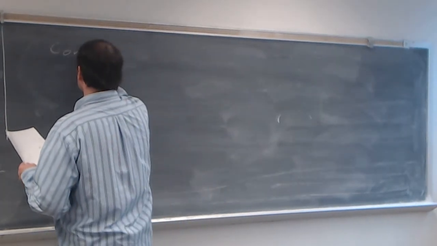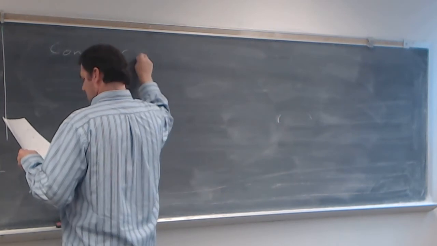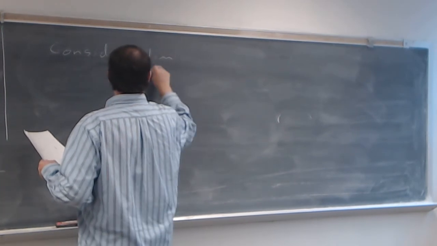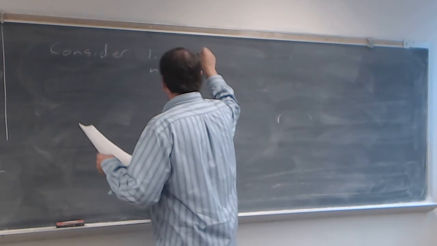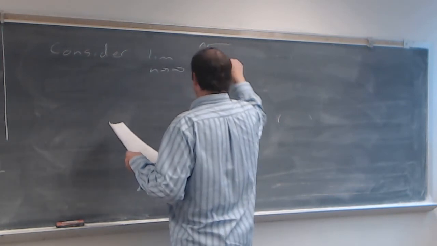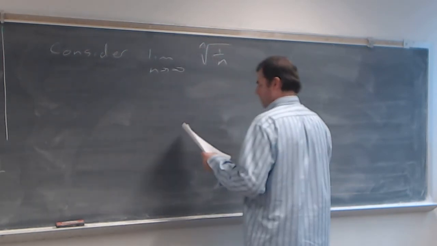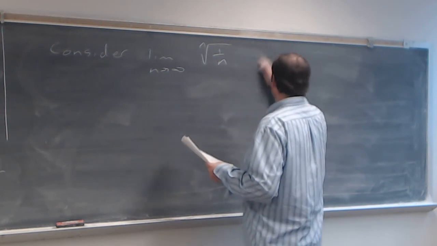Consider the limit as n goes to infinity of the nth root of 1 over n. Okay? So we want to see what this is.